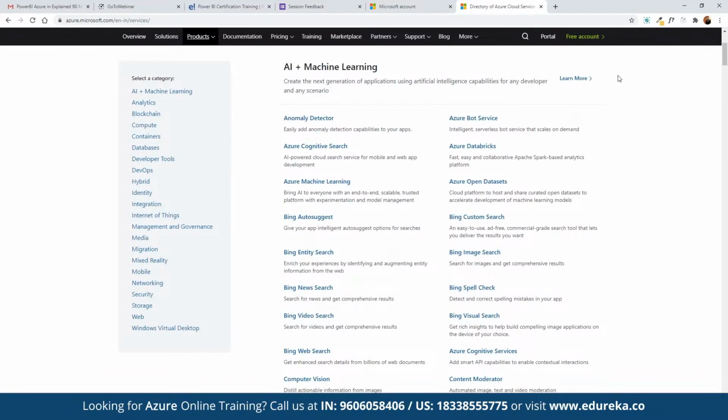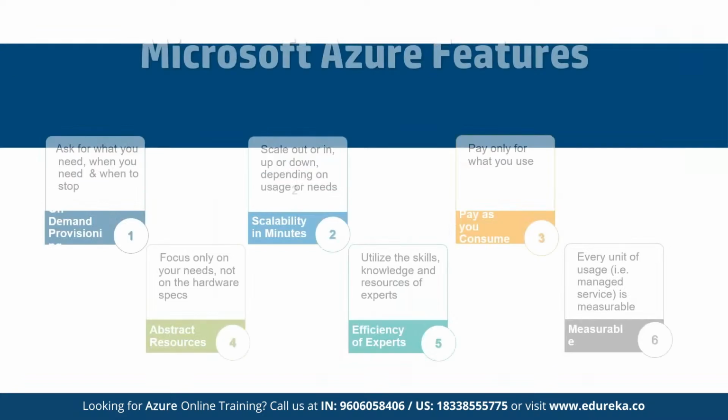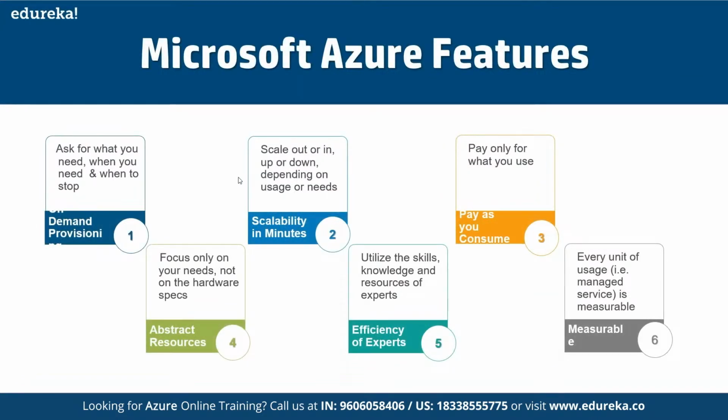AWS currently offers almost 175 services, whereas Azure offers more than 200. Azure is one of the leading platforms for cloud computing, through which we can choose multiple services in different categories, and then we can get started.